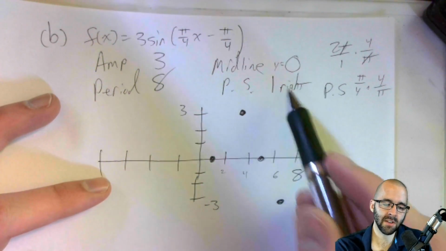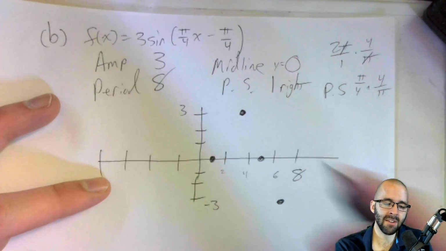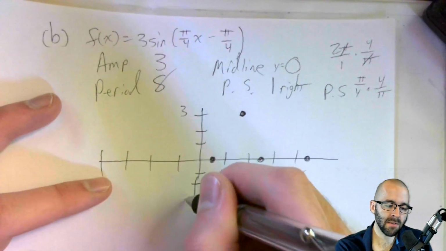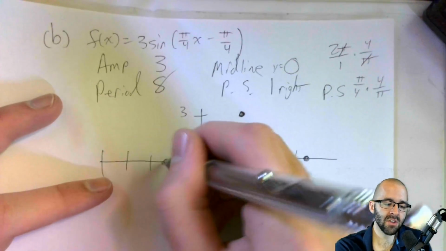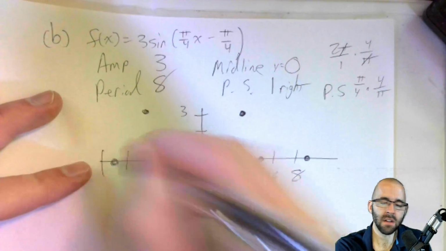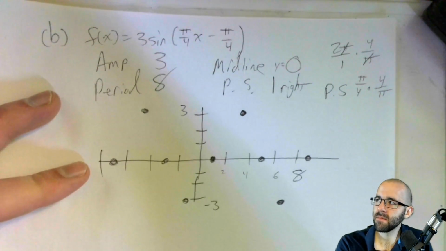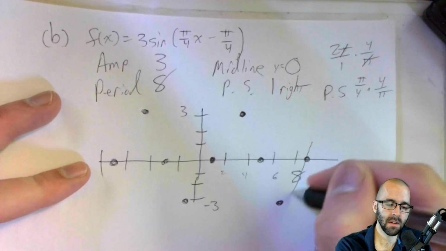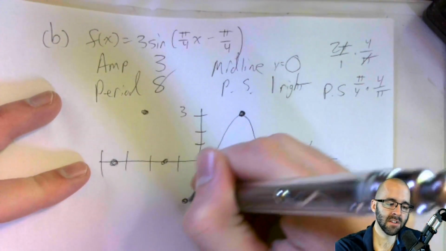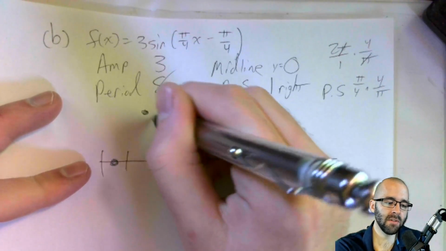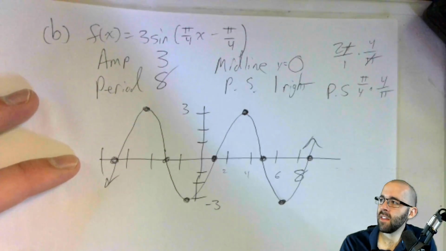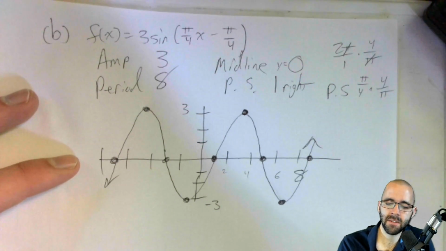In this case, our phase shift was 1 to the right, so all these points are going to be in the very middle. And again, we could go the other way too. The very middle of every hash, alternating between the midline and either the maximum or the minimum. And then, once you have all your dots, you just connect it in that beautiful wavy way that we all know and love. And that's our function. That's our graph.